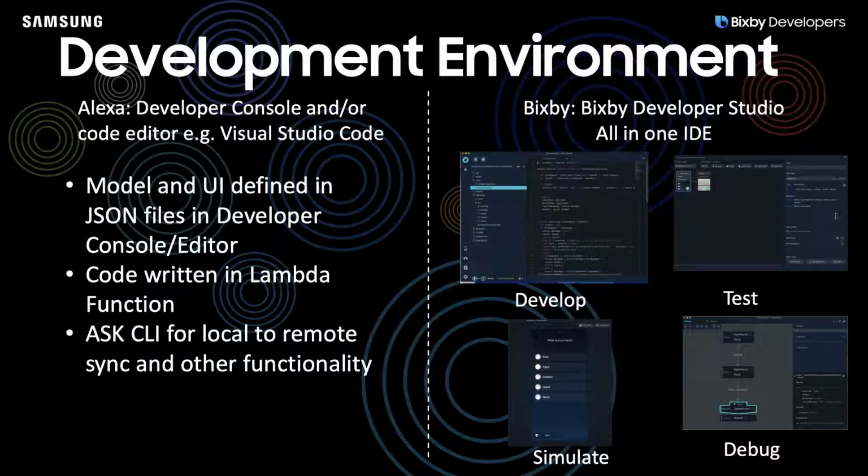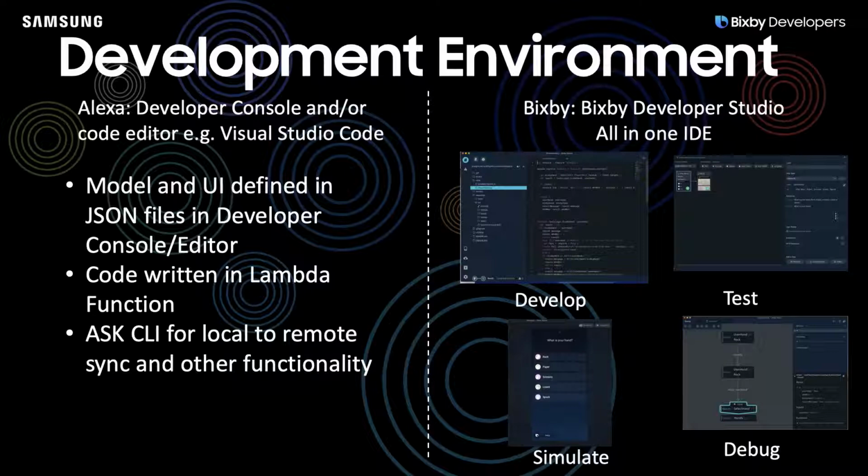So that means you develop not only your JavaScript code, but all that modeling I showed you in that studio. There's a simulator that simulates the various Bixby devices. There's a test functionality, which are called stories. I'm not going into those today, but it's a super powerful way that you can write functional tests, including a UI, have it run, rerun it.